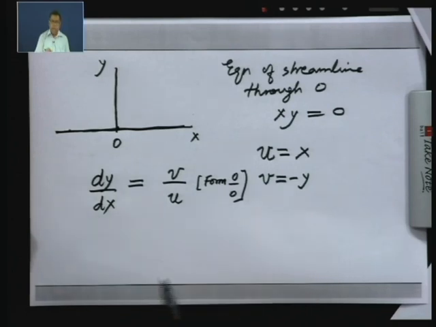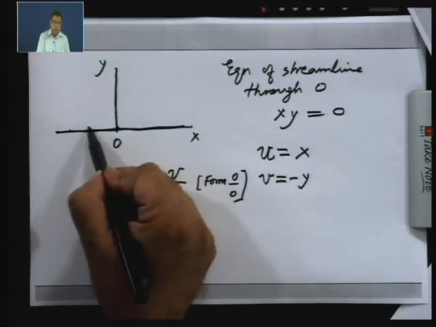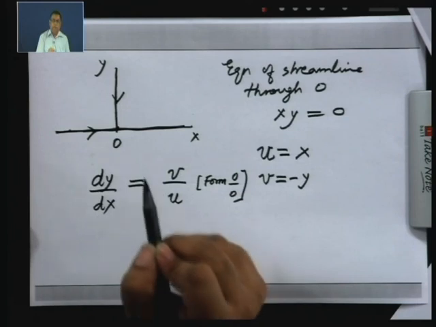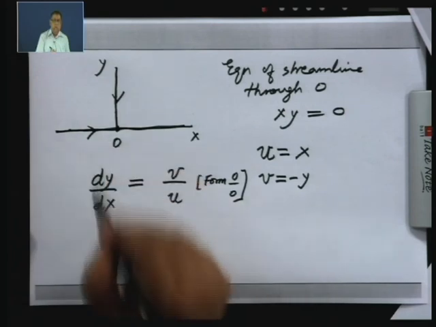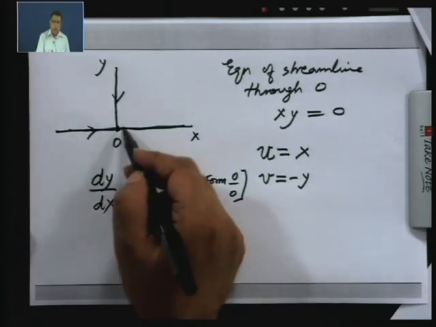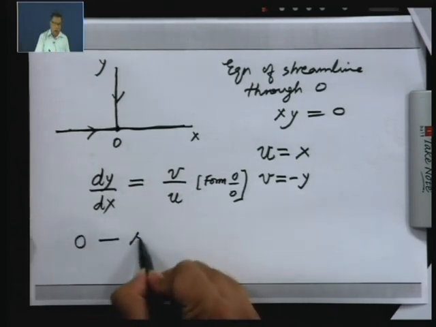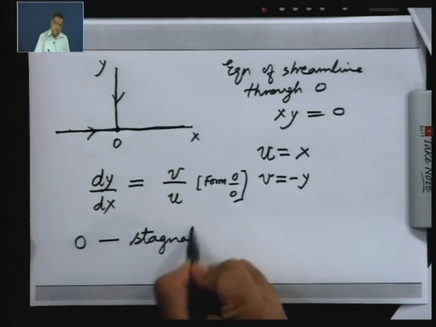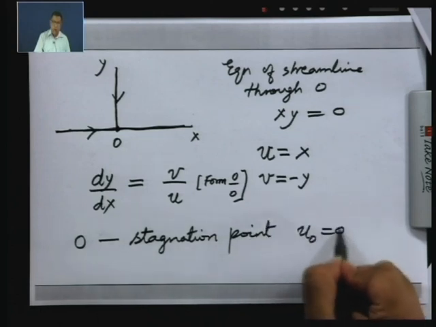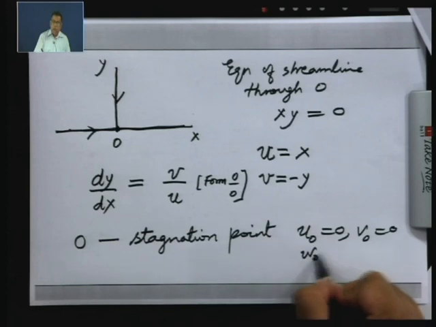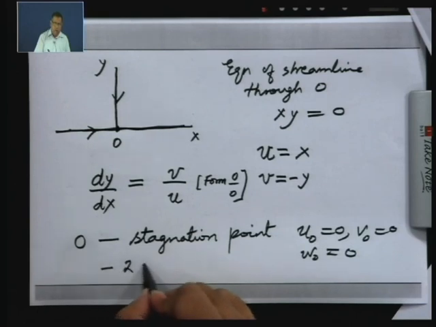So, you can take the limit and you may get two values depending on whether you are approaching the point O along this line or from this line. So, this point where the velocity is 0 and where the streamlines are intersecting is called the stagnation point. So, O is a stagnation point. Here u at O is 0, v at O is 0 and w at O is also 0, because we have taken a 2D flow, and you can see two streamlines are intersecting.